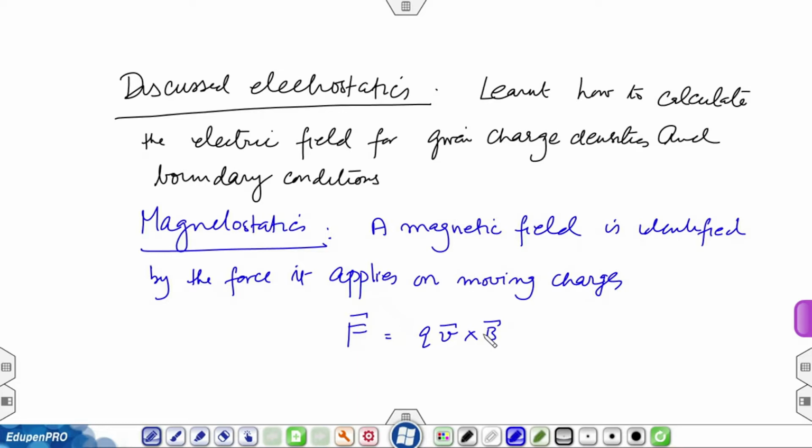So, that is how you identify a magnetic field, and it arises from currents, or equivalently you can say moving charges, all right. So, this is what we now need to formulate.